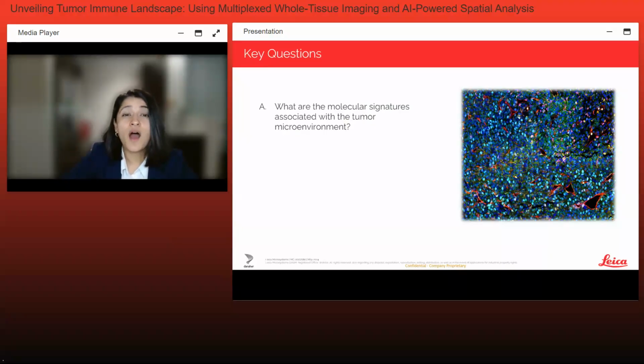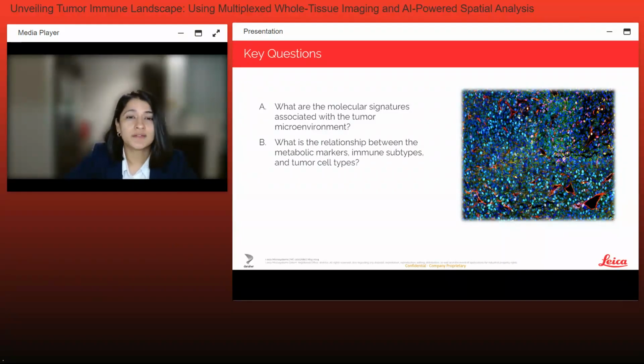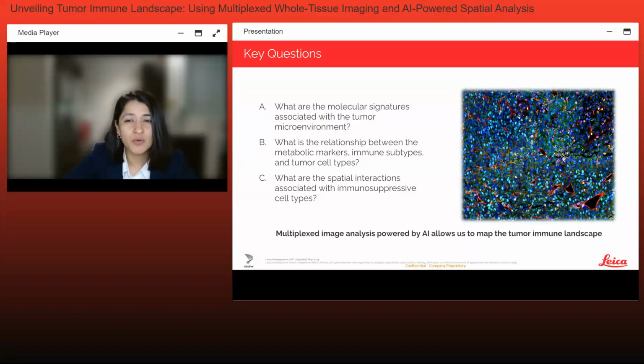Number one, what are the molecular signatures associated with the tumor microenvironment? Two, what is the relationship between the metabolic markers, immune subtypes, and tumor cell types? Three, what are the spatial interactions associated with the immunosuppressive cell types? And to answer these questions, we'll find out how multiplexed image analysis powered by AI may allow us to map the tumor immune landscape.